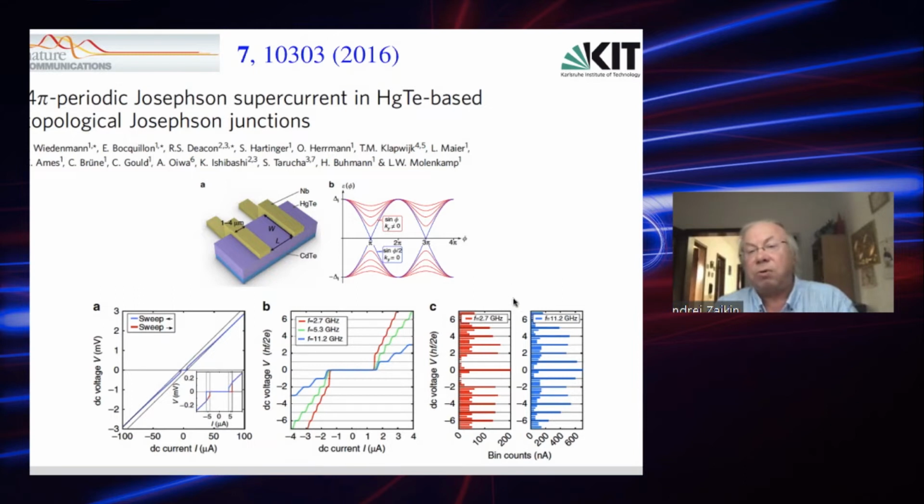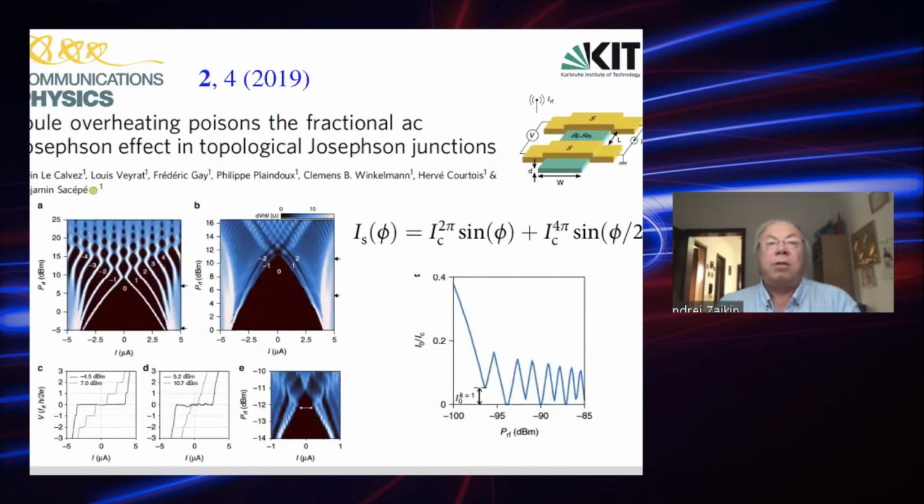This is an important fact also. And from this, these authors and also many others have concluded that they have evidence for Majorana states inside their junctions. There is another experiment done by a Grenoble group where people also see essentially the same kind of thing.